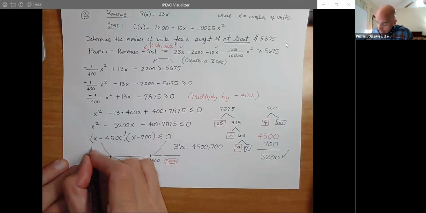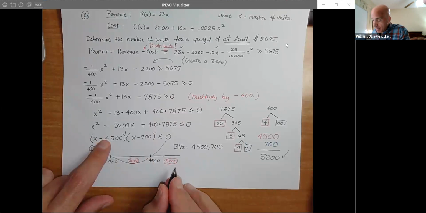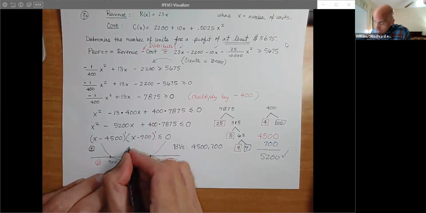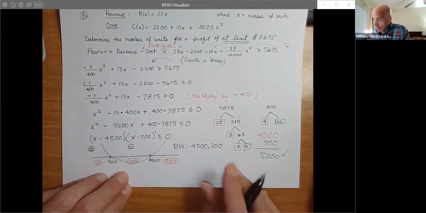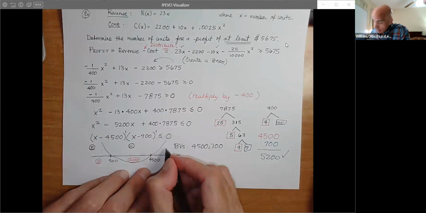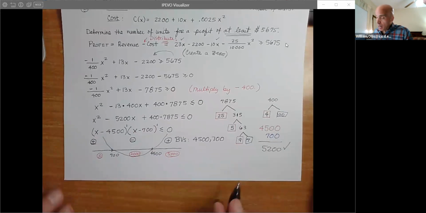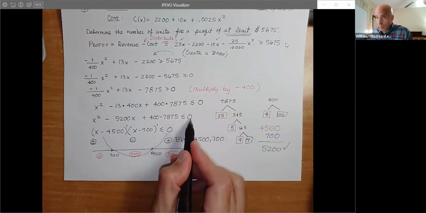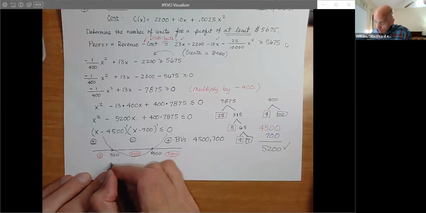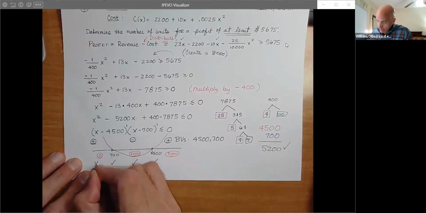With the 2,000, this is negative, but this is positive, so we get the negative. And of course, with the 5,000, both of them are positive, so we get this. Now, again, this mimics the last problem. So now we need equal to or negative. So we have check, check, check, X, X.